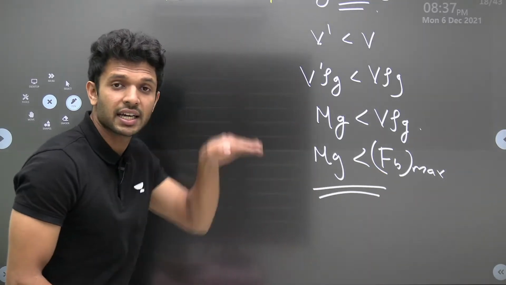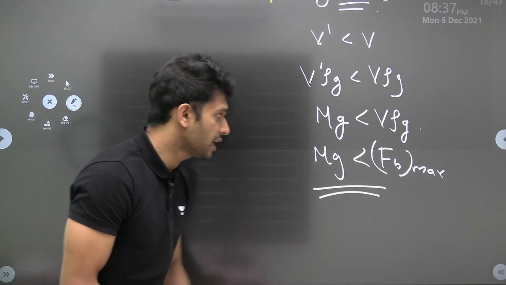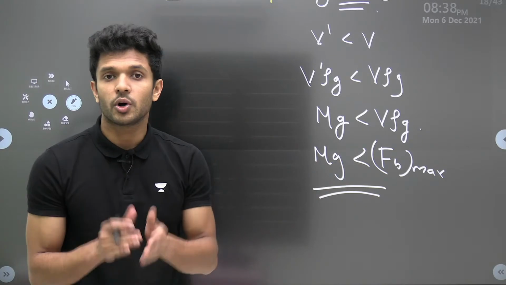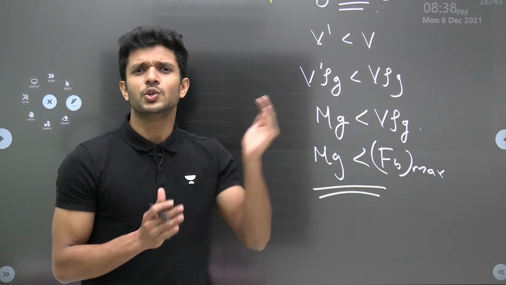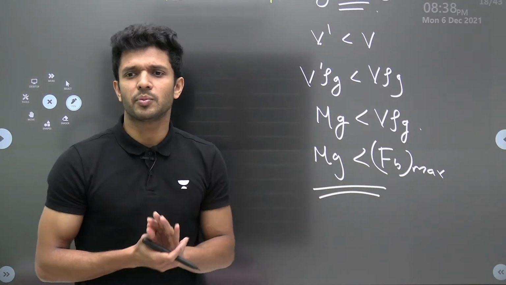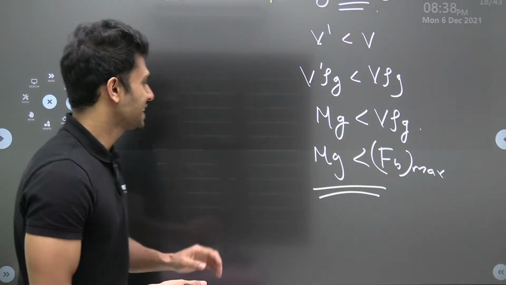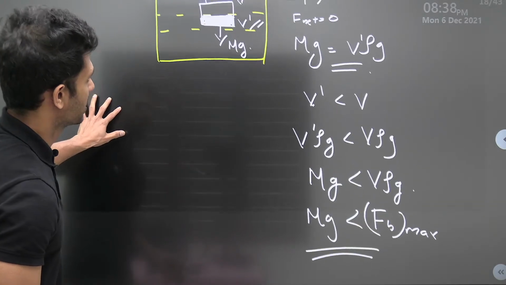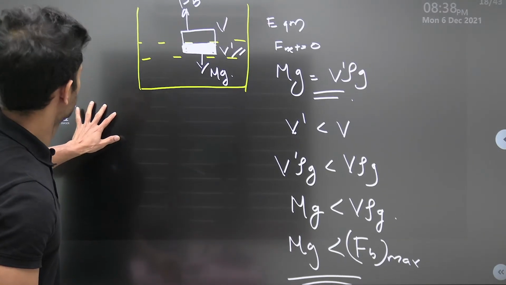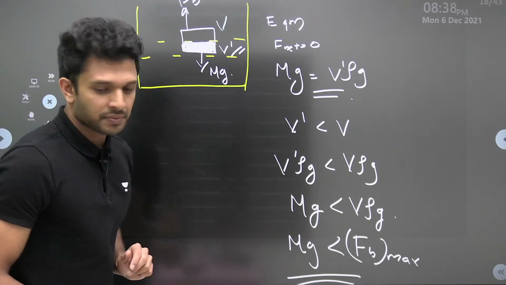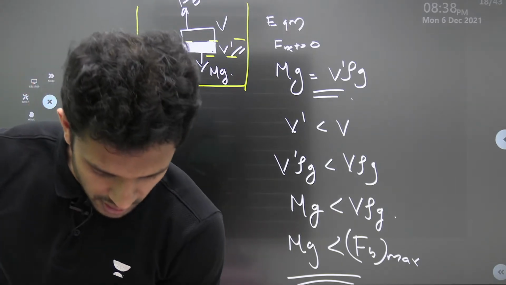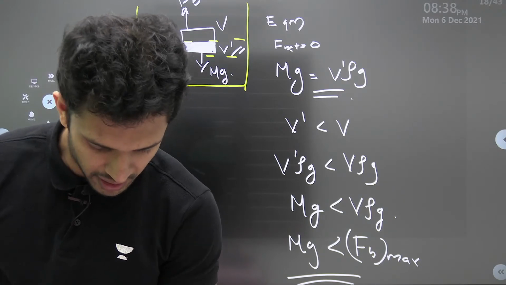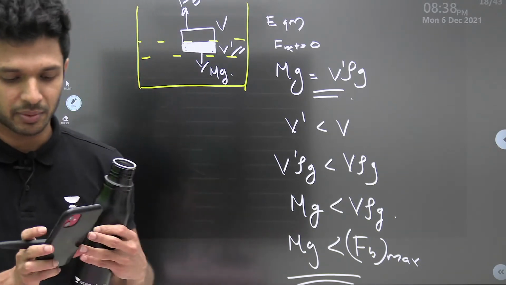The reason it is not completely submerged is that the maximum value of buoyant force is greater than the weight of the body, that is mg. So in that case you can see the body partially submerged. Okay, so here it comes. Note it down quickly. Maximum. Very good. My children are super good.